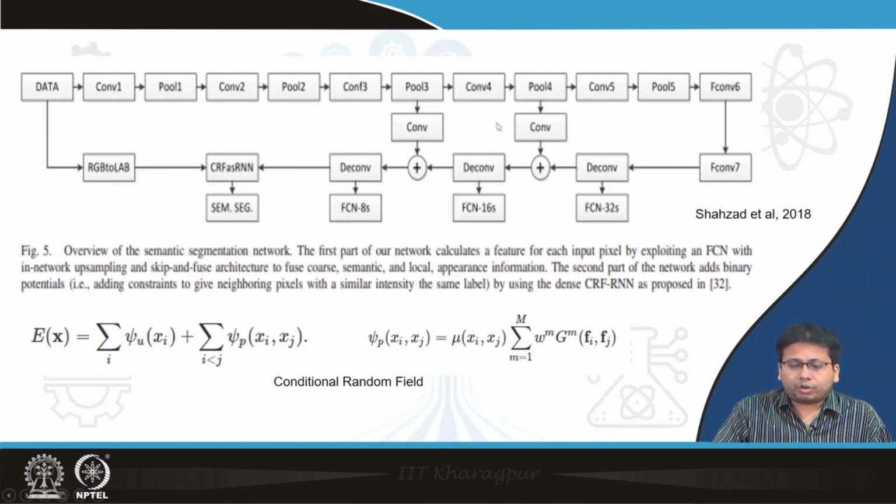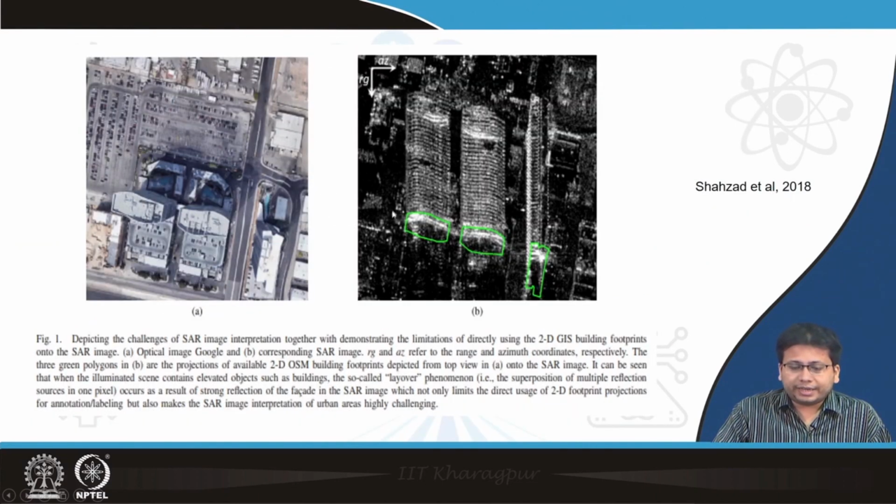Once that is done, the pixel level information is then refined using what is known as a CRF, a conditional random field, to produce the building non-building classification. That is basically how the detection takes place. Each of the pixels is finally classified as a building pixel or a non-building pixel.